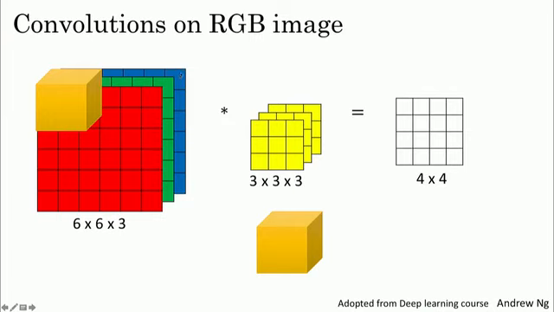So if you have 3 channels here, you should have 3 channels for your filter too. Basically everything is the same. The size of the output is 4 by 4. But when you are doing the element-wise multiplication, remember that you should do it for the whole cube of this filter.